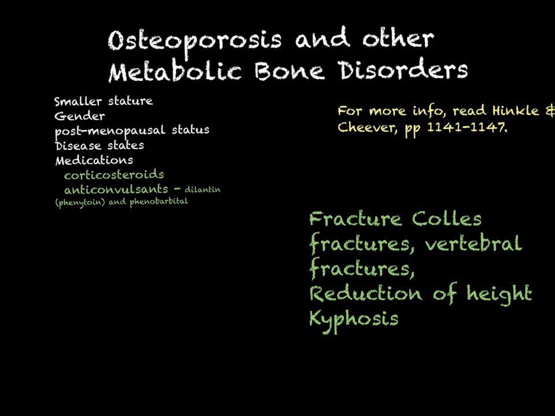It is an indicator of bone loss, or can be an indicator of bone loss. So when you're seeing somebody with that reduction of height and kyphosis, and again, we talked about some reduction of height from the intervertebral discs, but if you see a pretty significant reduction of height, like 2 inches over a year or two, you might want to refer that patient for some further testing.